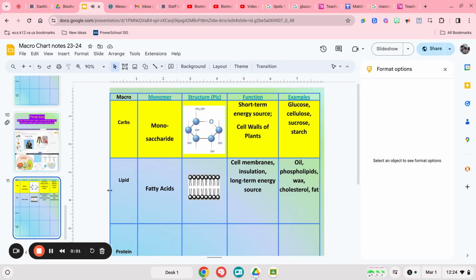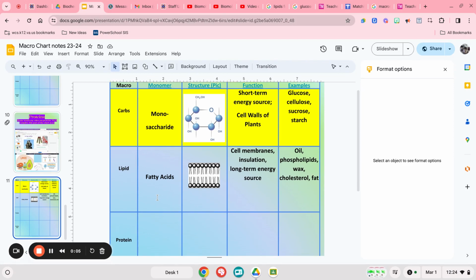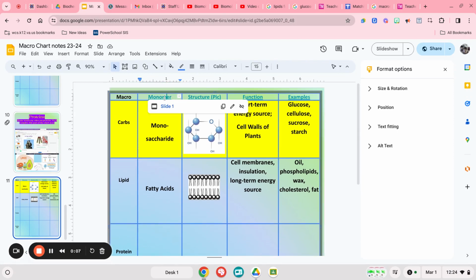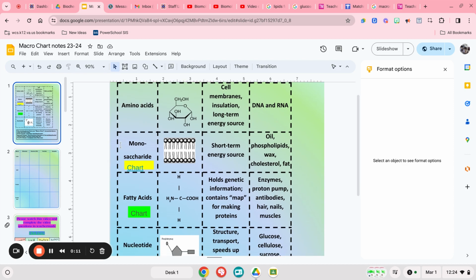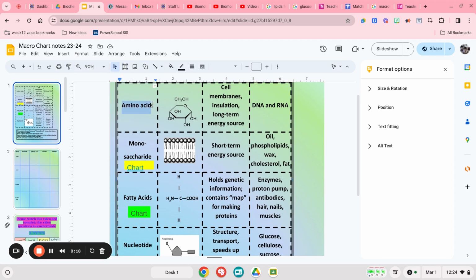Let's put together the protein part of your chart. So first, let's look for the monomer. The monomer of proteins are amino acids, and you probably have heard of amino acids before.